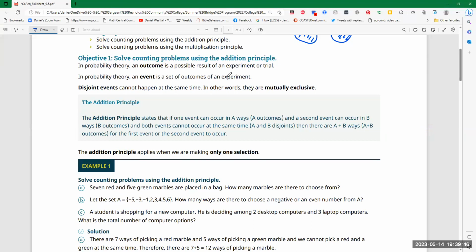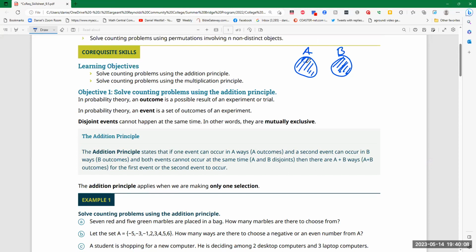So we have a probability of an event E, and that is a specific outcome that we are looking for out of all the possible outcomes, called the sample space. And disjoint events cannot happen at the same time. Another word for them is that they're mutually exclusive. They have no intersection. They look like these circles, A and B up here.